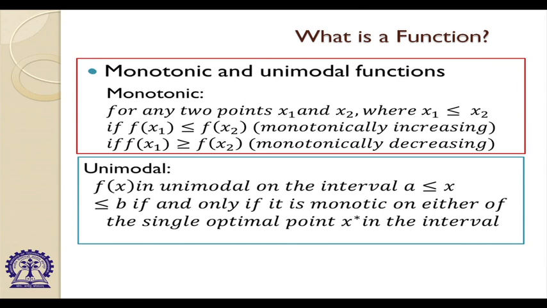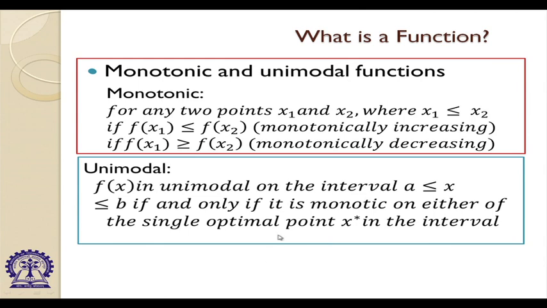Once again, the function f(x) is unimodal within the interval a to b if and only if it is monotonic on either side of the single optimal point x star.